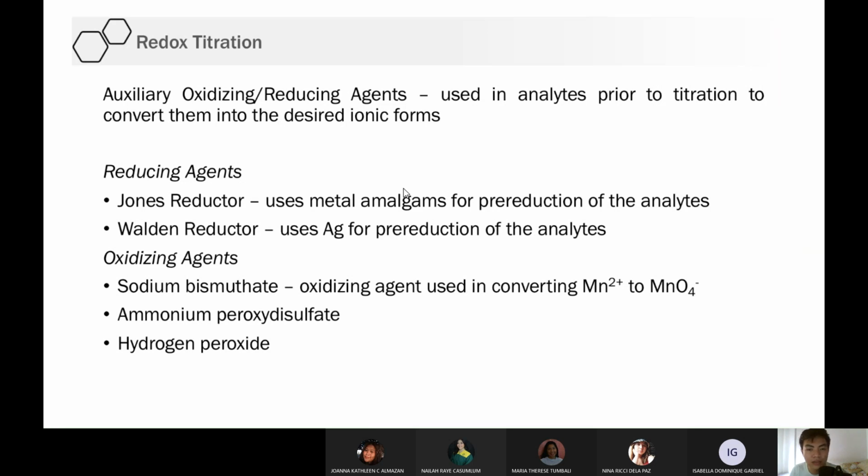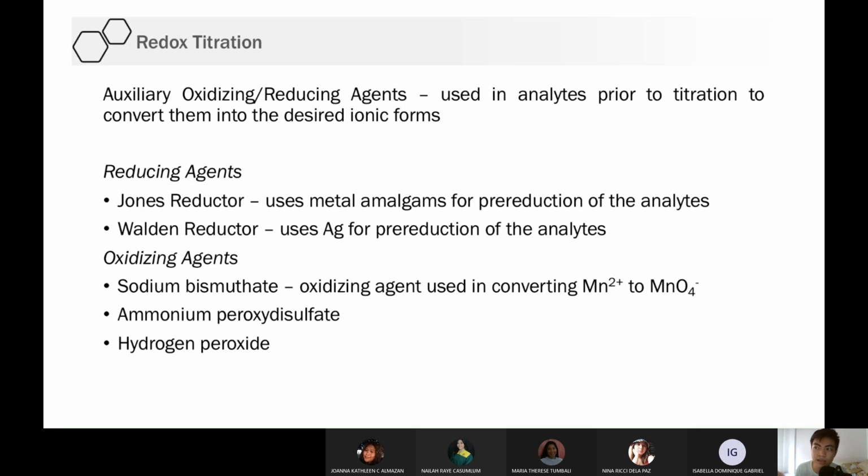Kaya yun, kinakalawang siya. So, ganun din sa redox titration. They are sensitive to the air. That's why you have to pre-reduce them. You have to add these auxiliary substances, no? Para ma-convert sila into the desired form so that they will not react with the air.